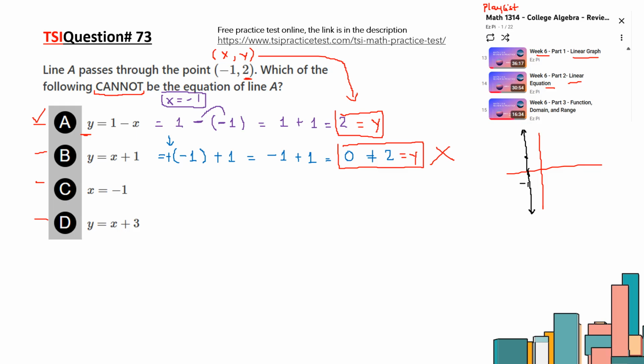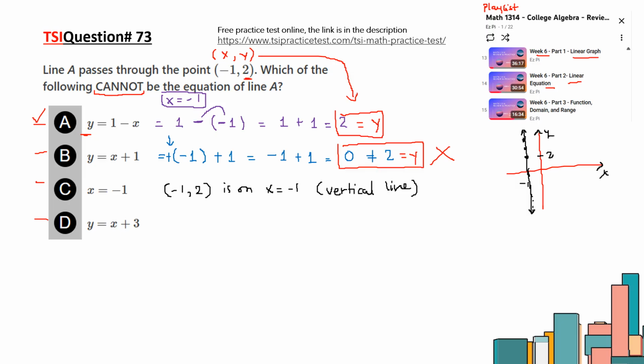Right here you have the point, so it belongs. So -1 comma 2 is on x equal -1, the vertical line. We only have one value of x equal -1, but you have multiple values of y with the same value of x. See that? So 2 is one of the values.